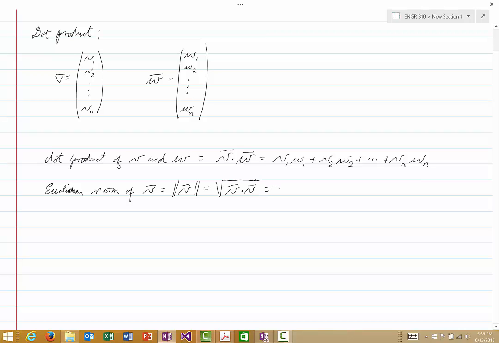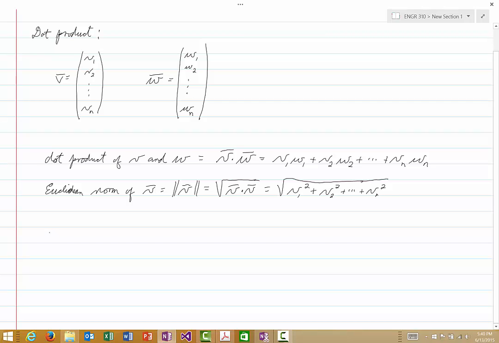And so this would be the square root of v1 squared plus v2 squared plus ... plus vn squared.